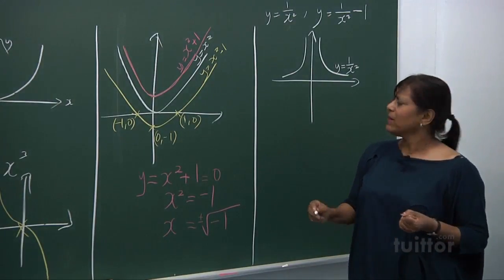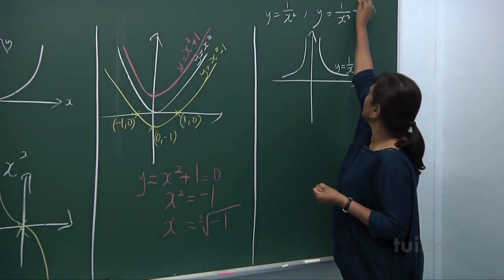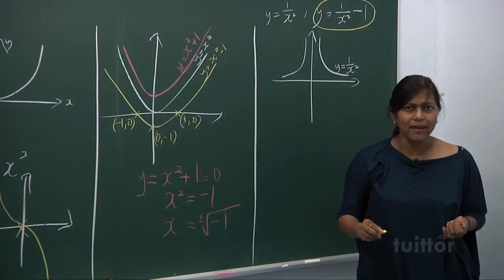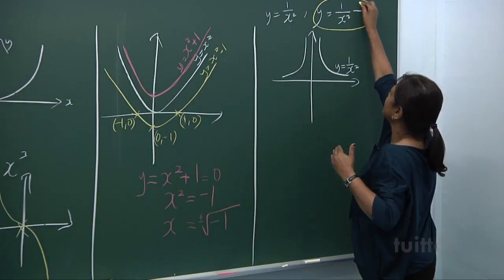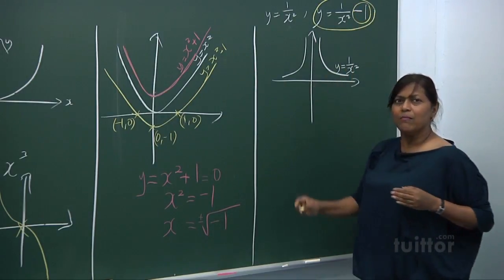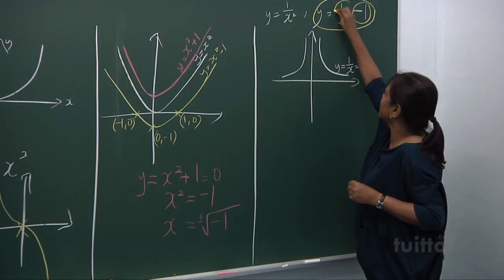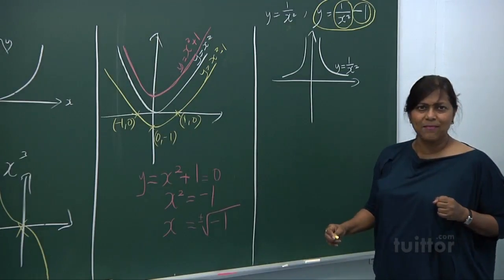But now, when we look at this graph, y equals to 1 over x squared minus 1, this whole graph is shifted one step down. We take this graph and move it one step down.